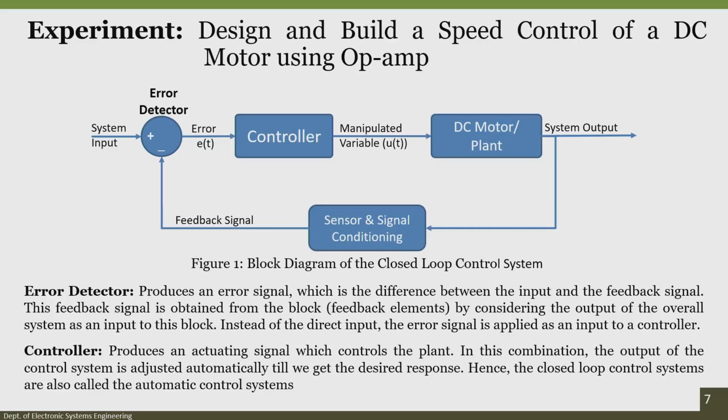Also we understood the working of a closed loop control system and the design of converting the encoder pulse output, which is digital, into an analog output which linearly varies and maps with respect to the system input.